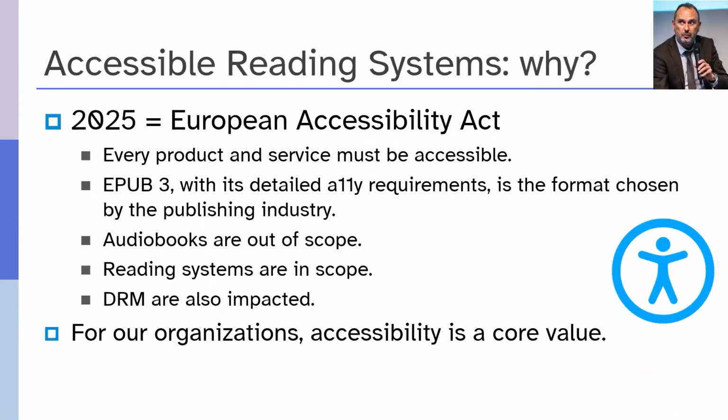Let's start with the fundamentals of accessible reading. And first, accessible reading system. Why is it now something hot, I would say? So one big reason is that in 2025, there will be in Europe a European Accessibility Act.